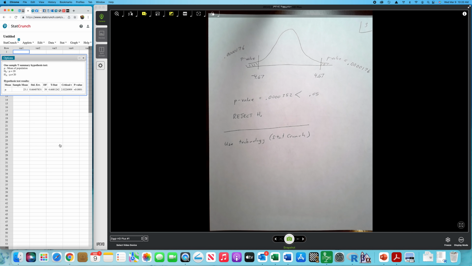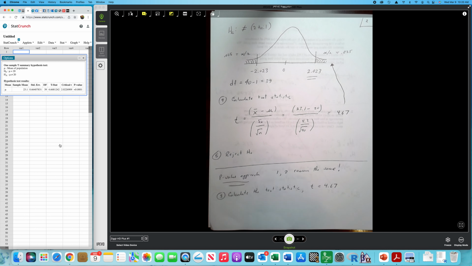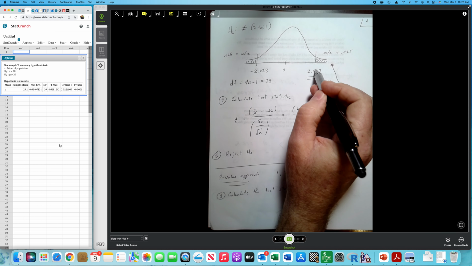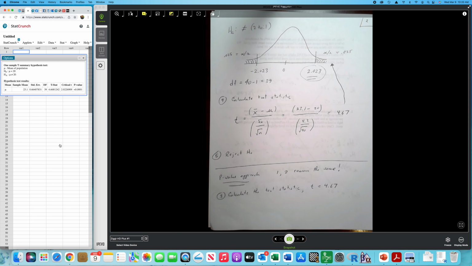Now, when I get my output, you're going to see a lot of similar stuff. First of all, for the critical value approach, the 2.023 is found under the T critical. The test statistic 4.67 is found under the T stat.